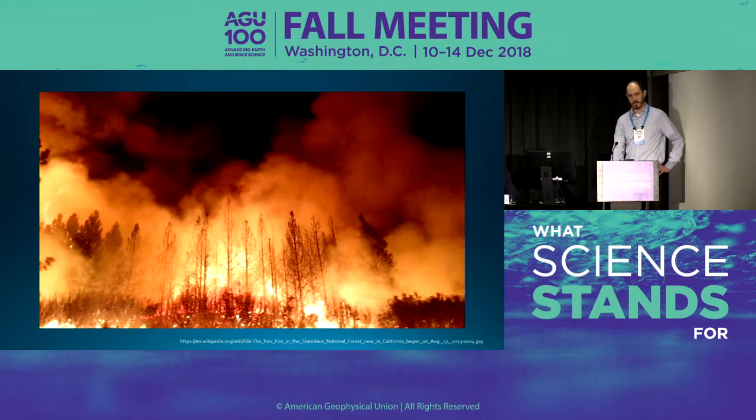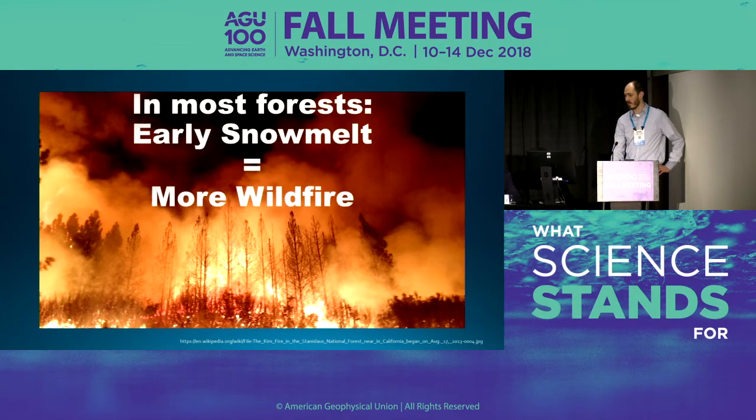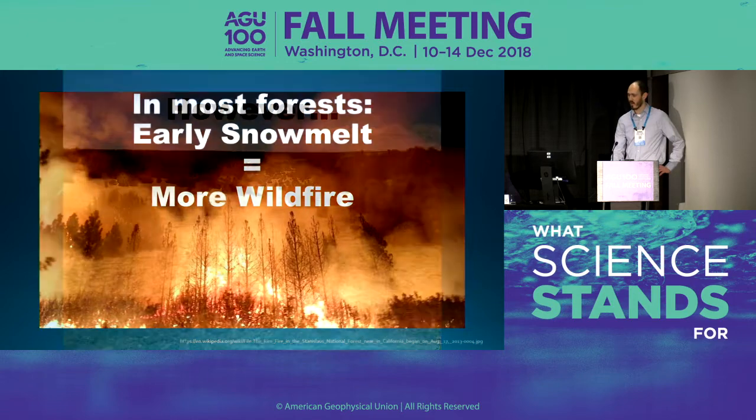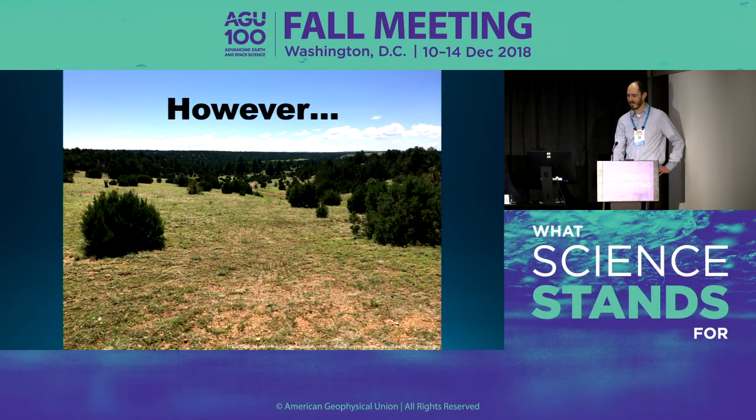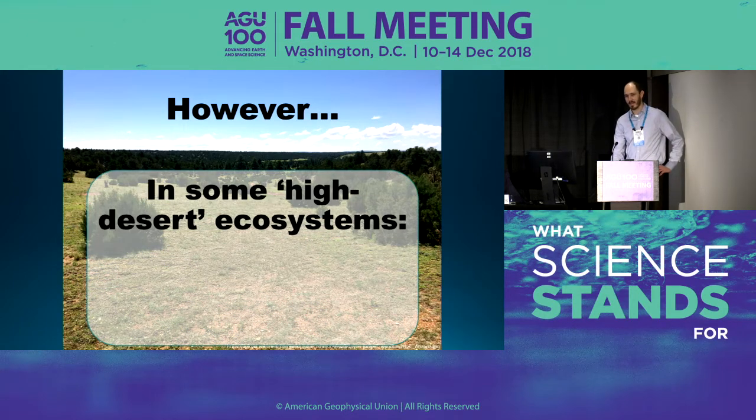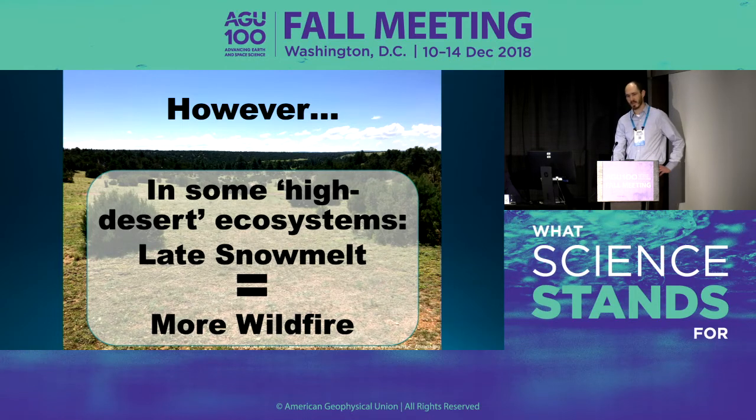One of the big signals we've seen is that in most forested ecosystems, earlier snowmelt is leading to more wildfire. However, interestingly, in some high desert ecosystems, we're actually seeing that later snowmelt is leading to more wildfire. So how does that work? What I'm going to do is take a step back, talk about how we performed our analysis, and then pull out two important examples to share with you.